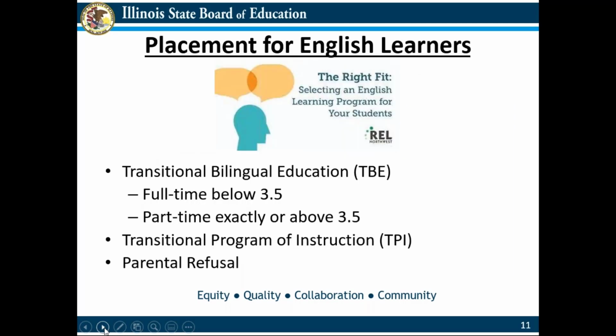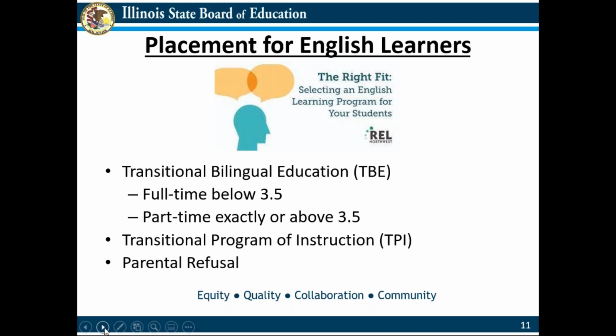The TBE placement has 2 sections, which are full-time TBE or part-time TBE. If the student scores below 3.5 on the screener or the ACCESS exam, then that student will be placed into the full-time TBE program.